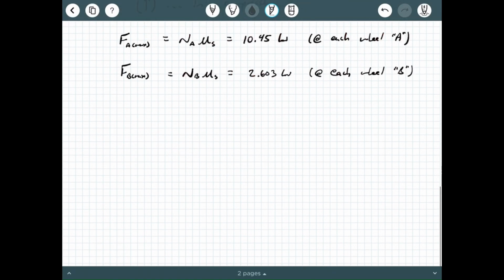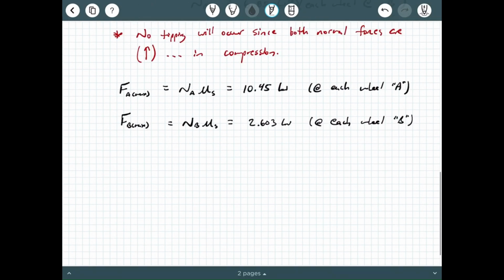So that's where we pull this out of our back pocket. Remember, we put this in our back pocket earlier. And we're going to say 2 times 10.45 kilonewtons plus 2 times 2.603 kilonewtons equals, what does that equal? 10.45 times 2 plus 2 times 2.603.